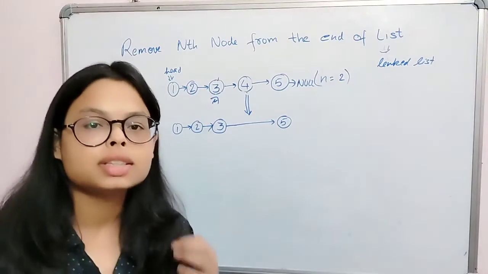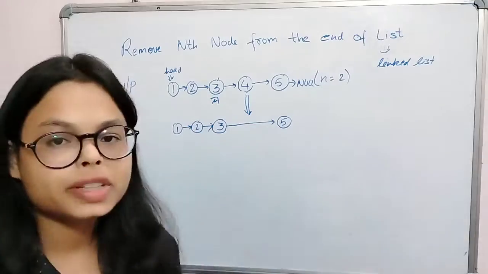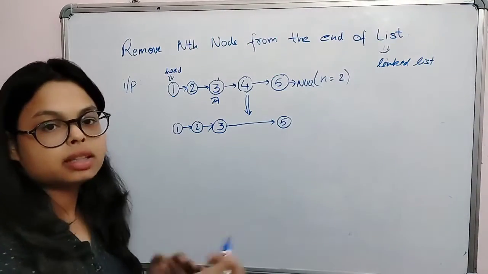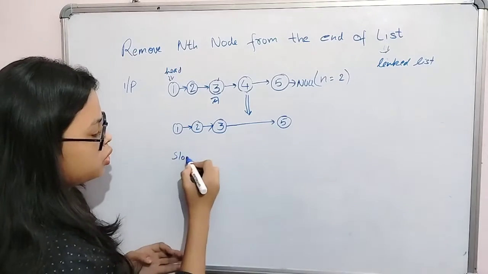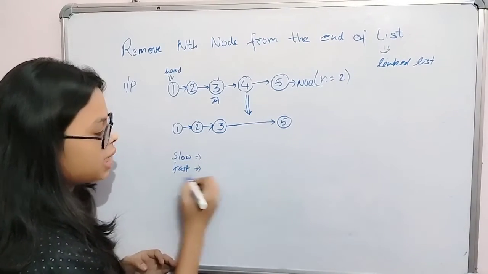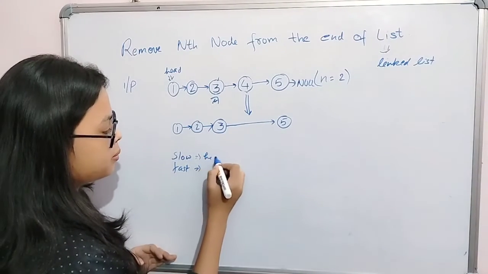Using the slow and fast pointer, what we generally do is we maintain a slow and a fast pointer, and we initialize them with head.